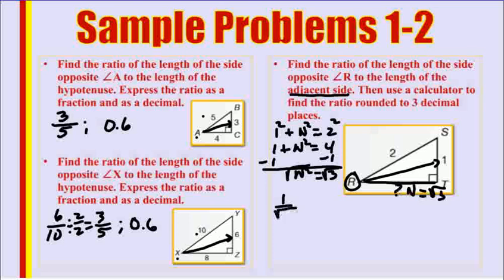So I would have 1 over the square root of 3. That would be my ratio. Now we have to solve that. So in our calculators, we can do 1 divided by the square root of 3. This says round to 3 decimal places, so this would be about 0.577.